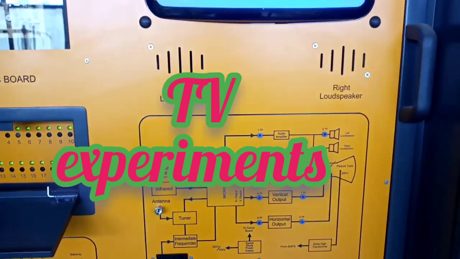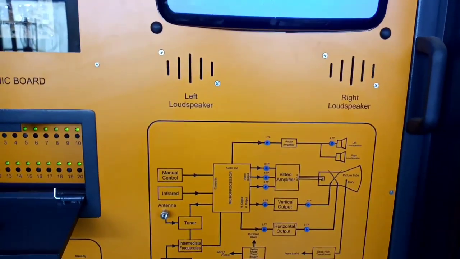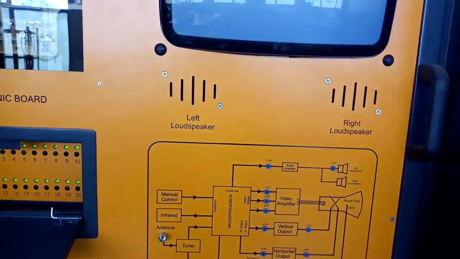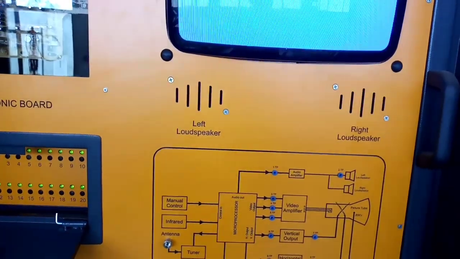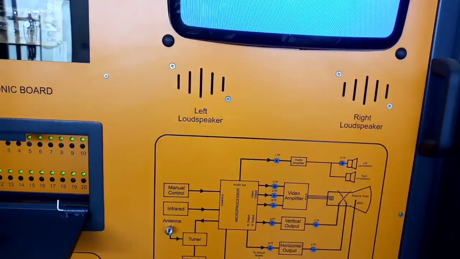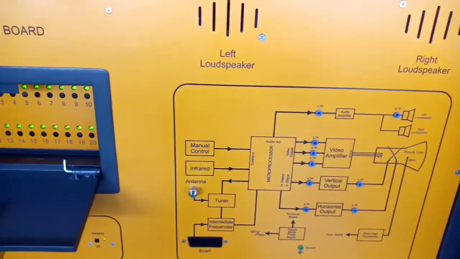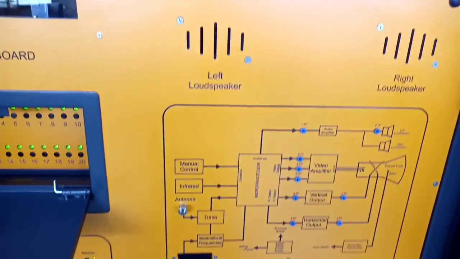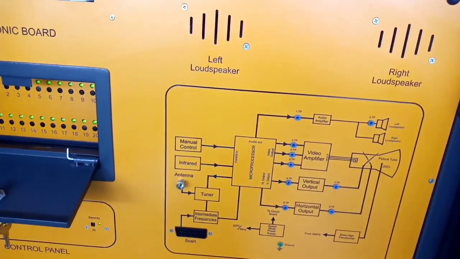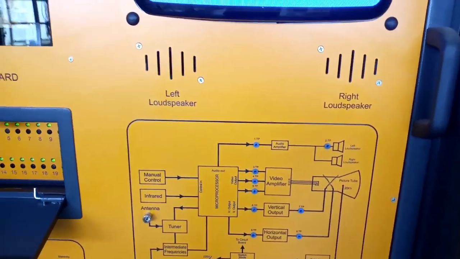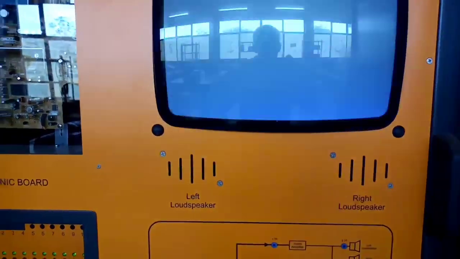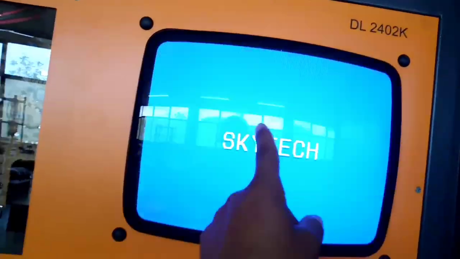Number 3, TV trainer kit. This is used for TV maintenance practice and antenna installation. This experiment is used for technicians to learn how to solve television faults by using the problems displayed on this part.